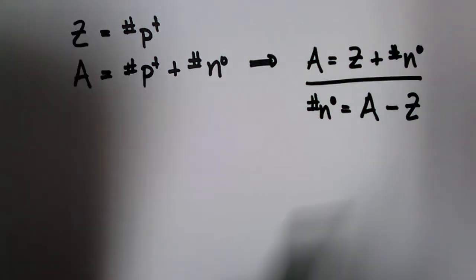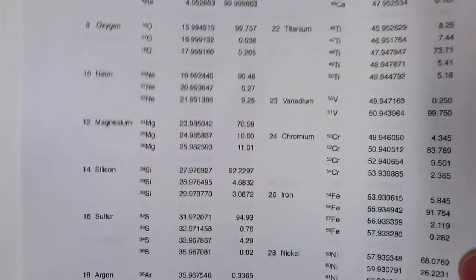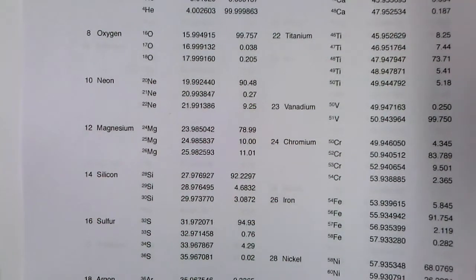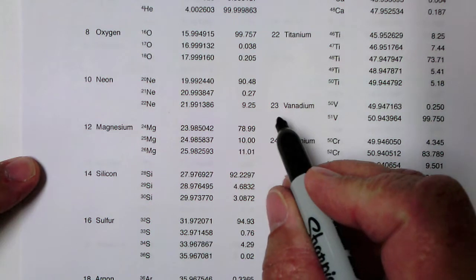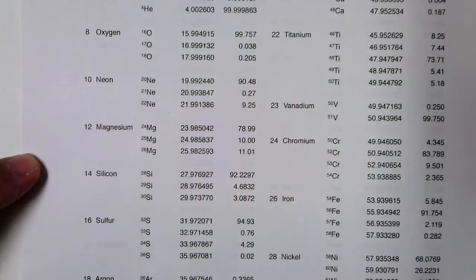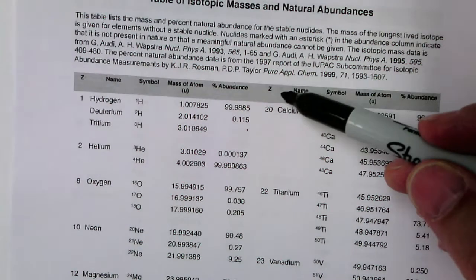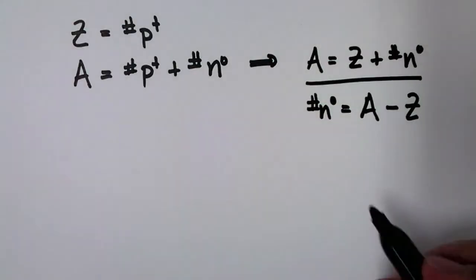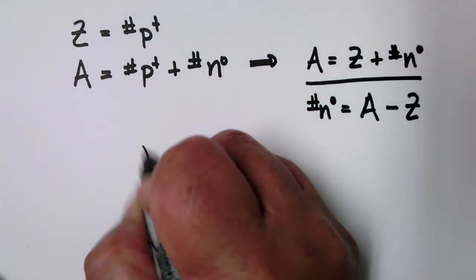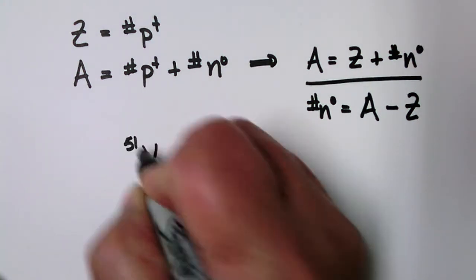So let's take an example. I'm going to go to my table of isotopes and let's look at vanadium 51. Vanadium 51 right here, and we have the atomic number 23 for vanadium. It's at the column labeled Z. So we've got vanadium 51.